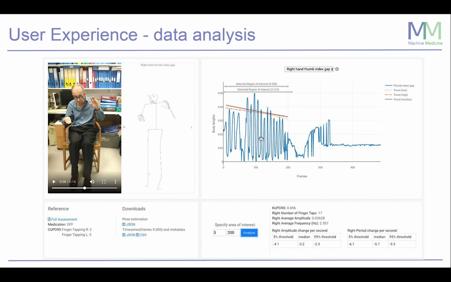So in fact, what we're looking at here is the distance between the right hand, thumb, and index finger. So the distance, the Euclidean distance measured in body lengths. So we estimate the person's size and track that. And then we're measuring his movement in terms of the distance between his thumb tip and his fingertip over time using this pose estimation.